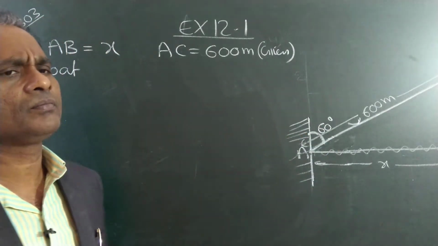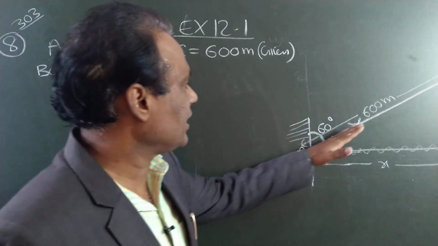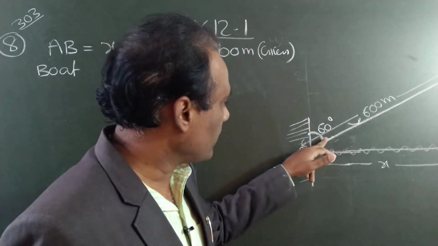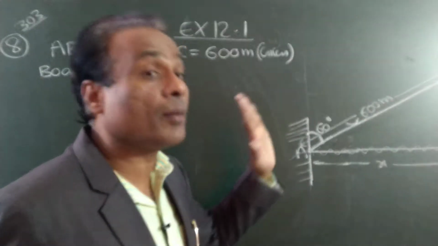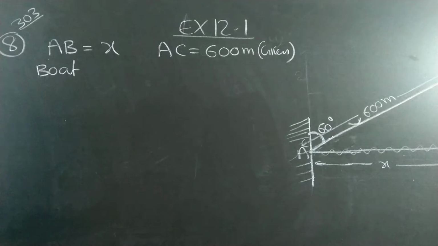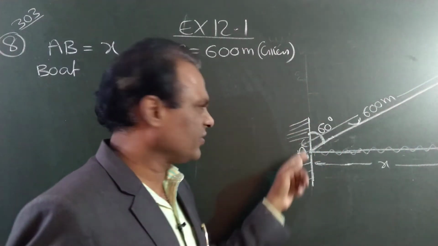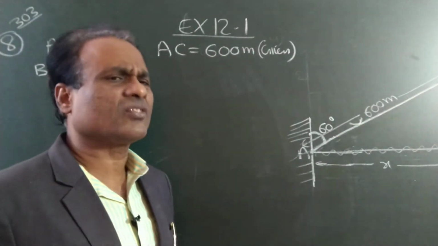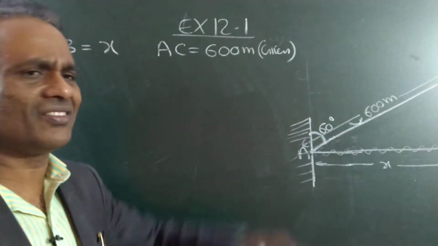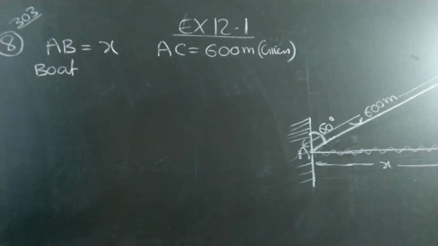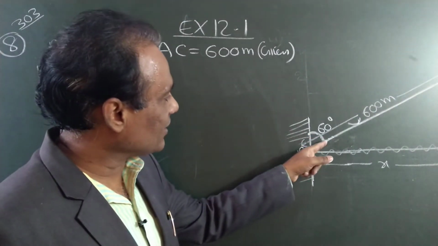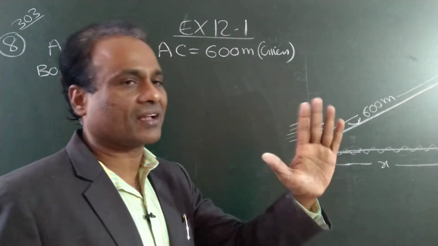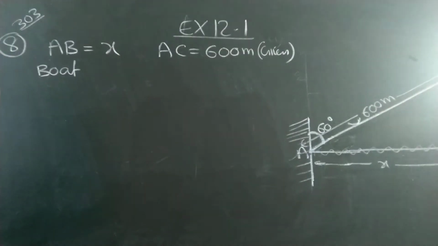That is given. Don't write all this water and everything, just a triangle is enough. I have given all this just for explanation. The boat makes an angle of 60 degrees with the bank. That's all.